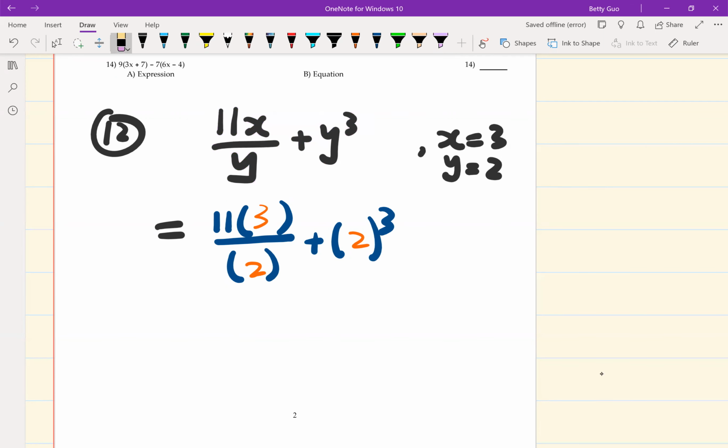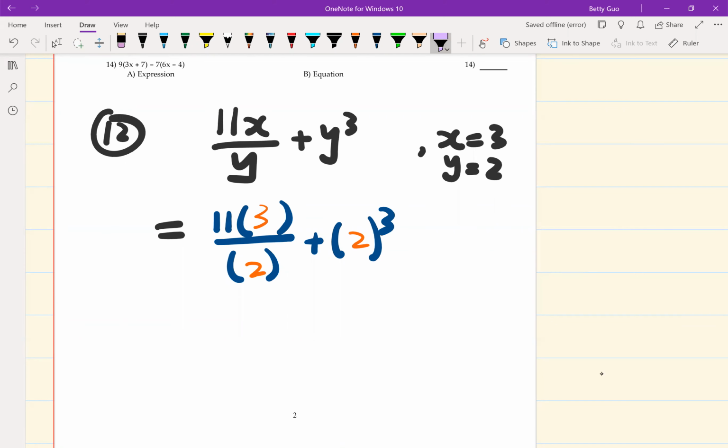So how do we evaluate this expression for given values for the variables? As we saw yesterday, my process is firstly to use parentheses to hold a place for the variables, and then we put the values for the variables in the parentheses.